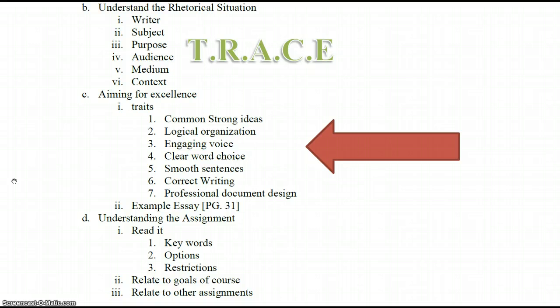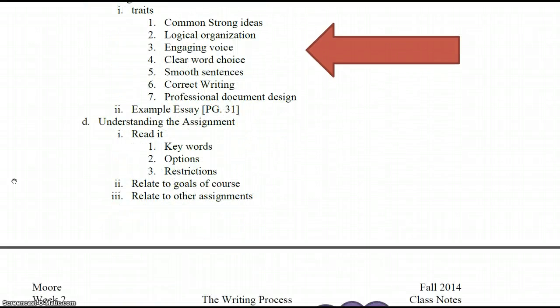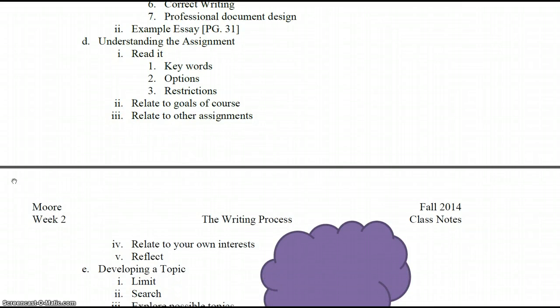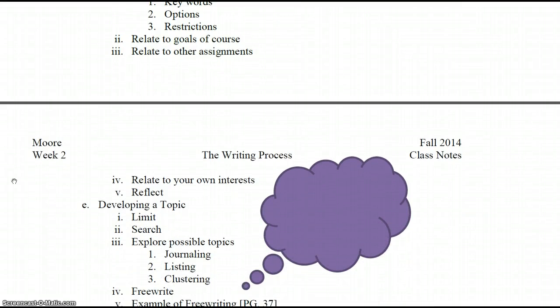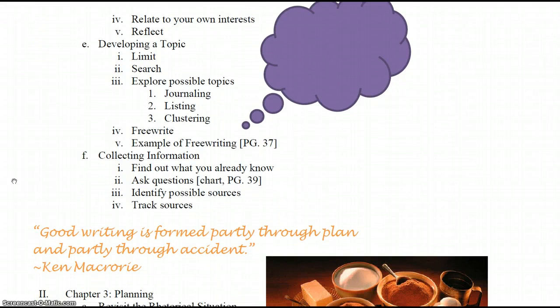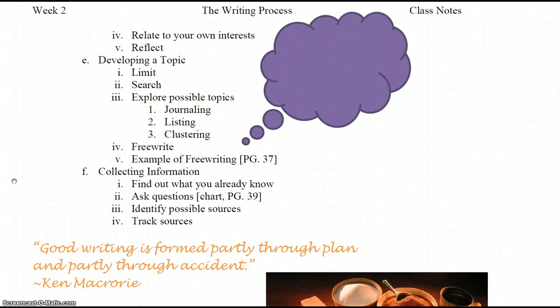After the example essay, you have some good tips on understanding a topic, developing your topic more, and collecting information about your topic. These are all, again, in my analogy of cooking, would be the recipe. This would be where you're gathering information and you're deciding which recipe you want to use, because we all know that just because you're baking a cake, that doesn't mean there's only one recipe for that.